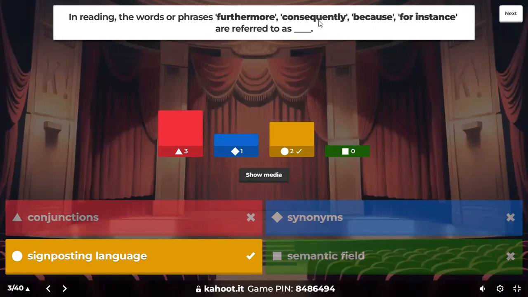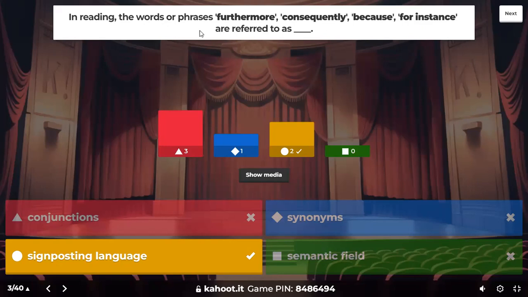If you say consequently, or as a result, thus, hence, therefore, it means that the writer is going to signal result. And if the writer says because, he's going to give you a reason. And if they say for instance, for example, they're going to give you an example.